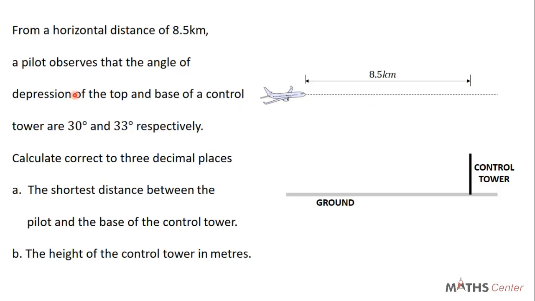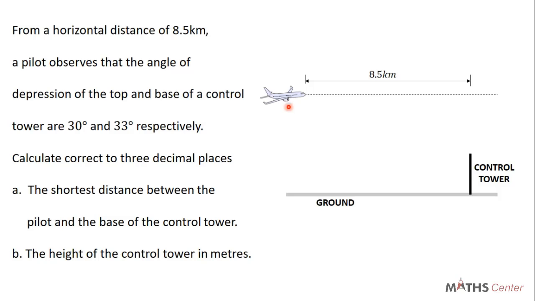From this distance, he observes that the angle of depression of the top and base of the control tower are 30 degrees and 33 degrees respectively. This means that the angle of depression of the top is 30 degrees and the angle of depression of the base is 33 degrees. So from here, this is the normal eye level of the pilot.